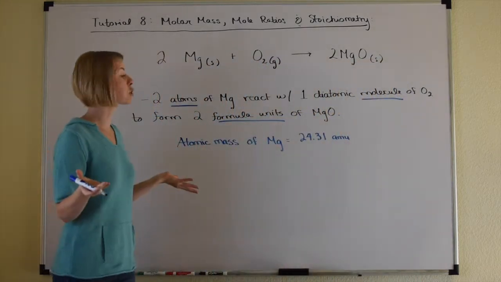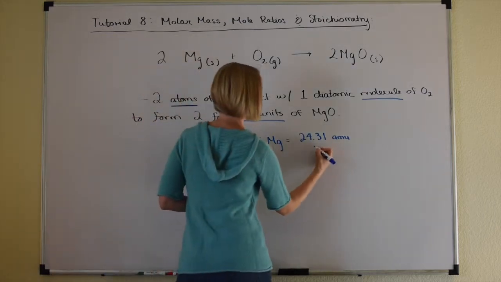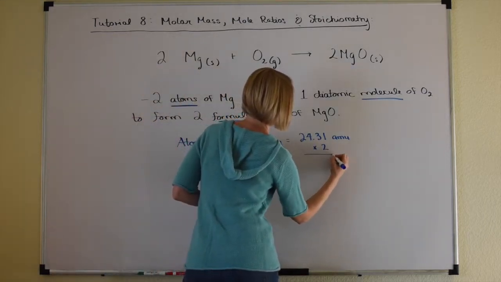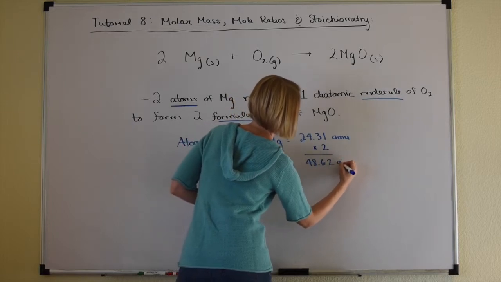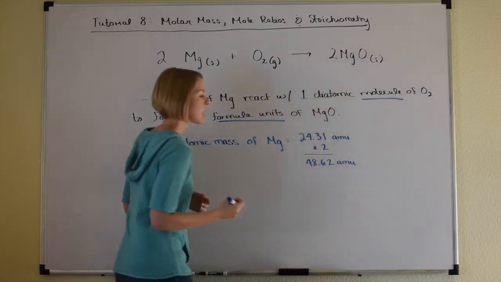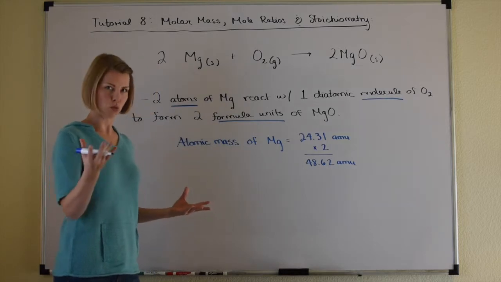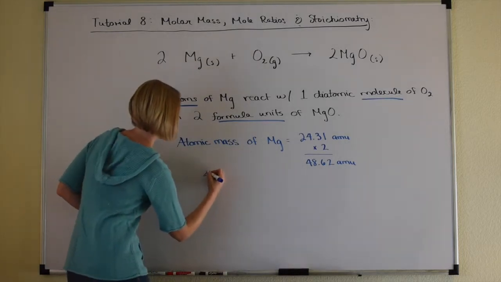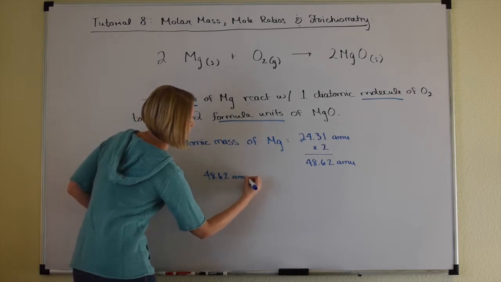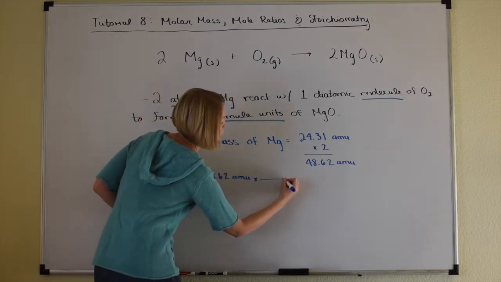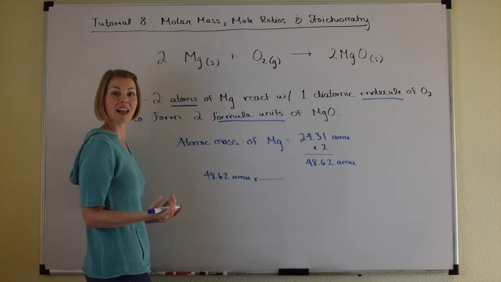Well, we've got 2 atoms, so it's going to be times 2. So we're going to have 48.62 atomic mass units. Let's think about what that is in grams for a second. Let's convert that into grams using dimensional analysis.